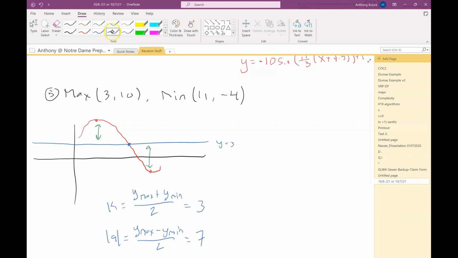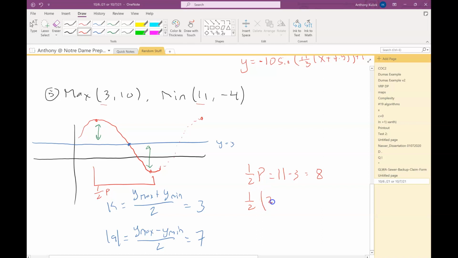To do the period, if I draw one full period of this thing, it would go to here. So this to this is a half of a period. So half of my period should be that difference between these. Okay.